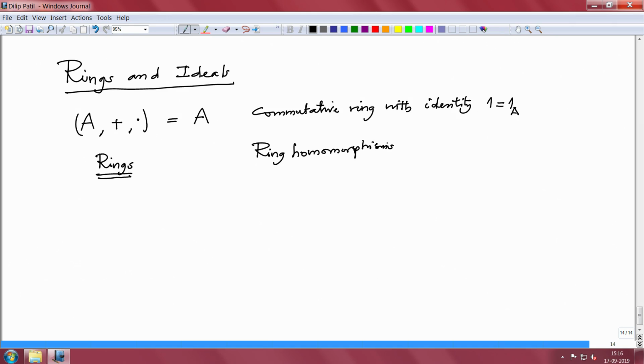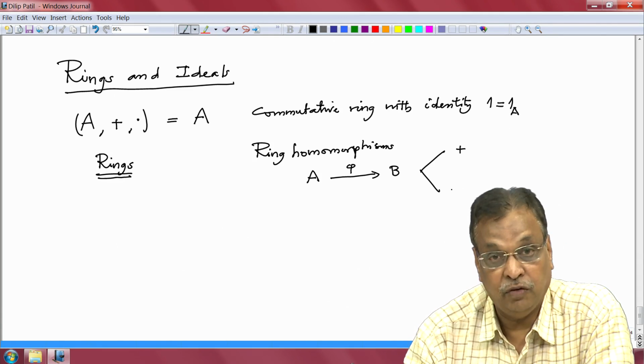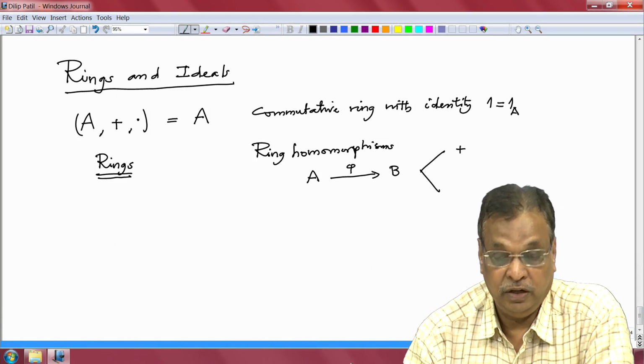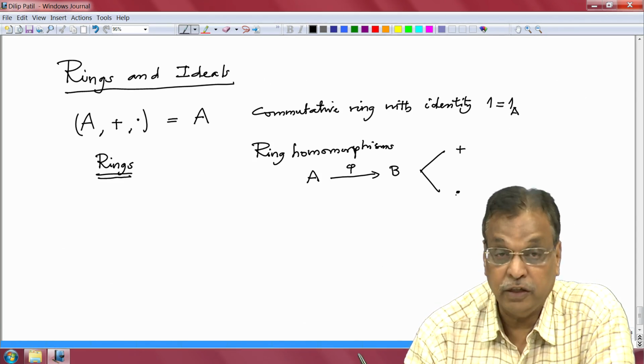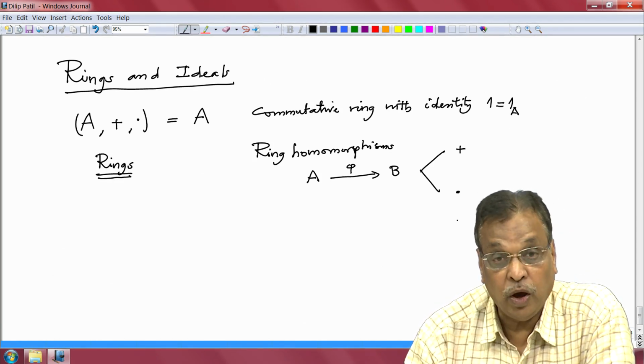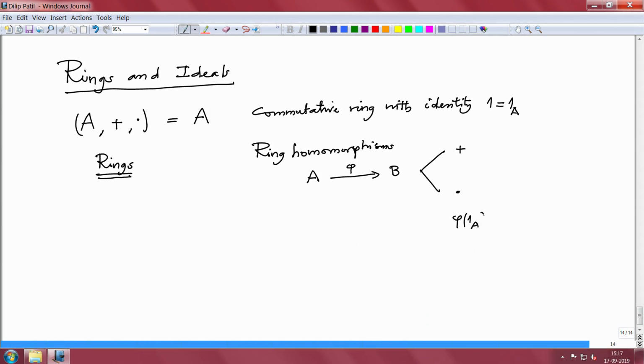A ring homomorphism between two rings A and B is just a map phi such that it respects addition. I will write it abbreviated, but for the sake of completeness we are recalling it. It respects plus, it respects multiplication, and also 1 goes to 1. So, phi of 1_A is 1_B.